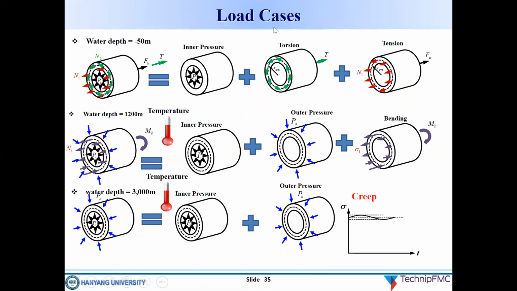See, load cases, water deep and 3,000s, and besides the mechanical load, there's an inner. 바닷속이 얼마나 차가워요. 4도씨예요. So only 4 degrees Celsius and very cold. We have to consider that. The pipe can expand and shrink. We learn about the stress strain and thermal strain, right?